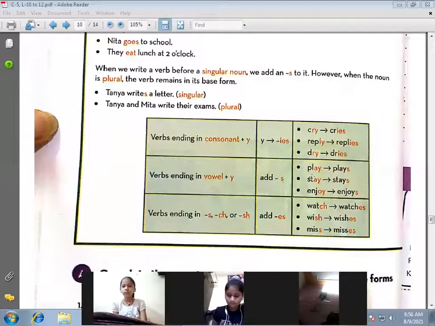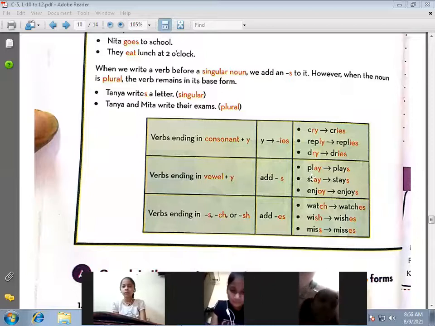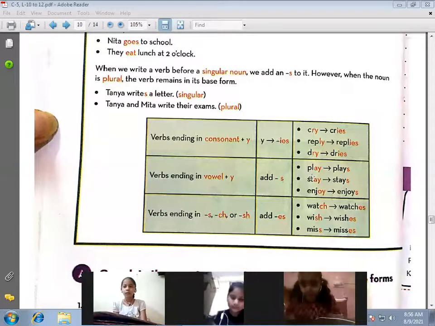With a singular subject, we add s or es to the verb, and with plural subjects, we use only the base form of the verb. We don't add s or es, we only use the base form of the verb.